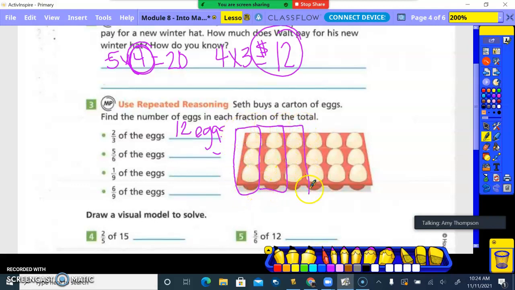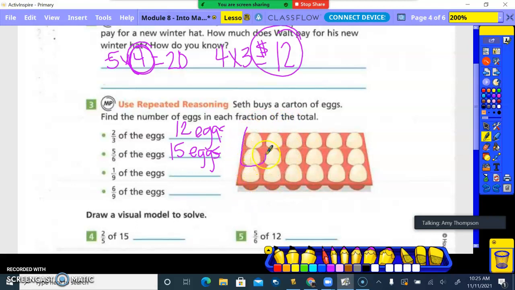For this next step, how many of those groups do they want? 5. So 3 times 5 is 15 eggs. Okay, the next one, they want 9 groups. So what's 18 divided by 9? 2.